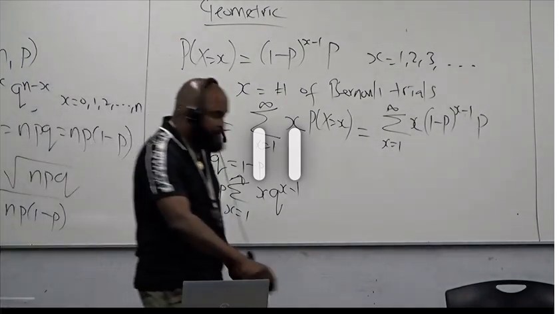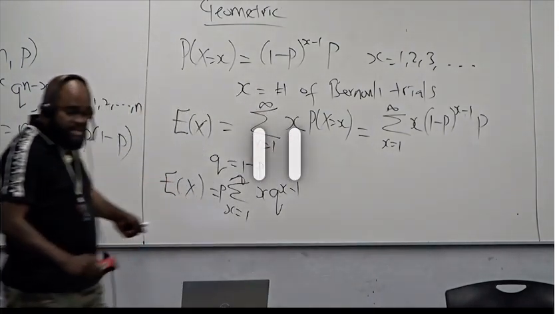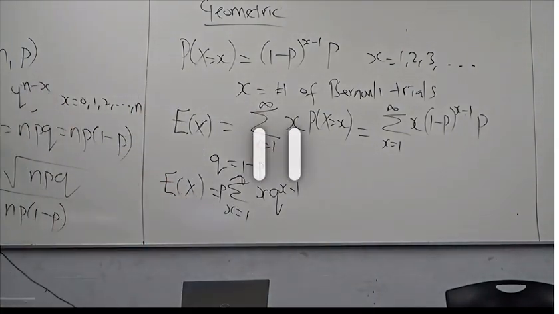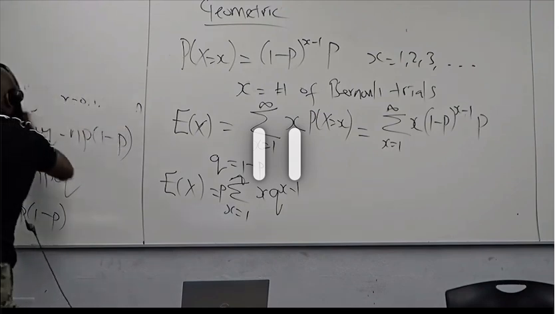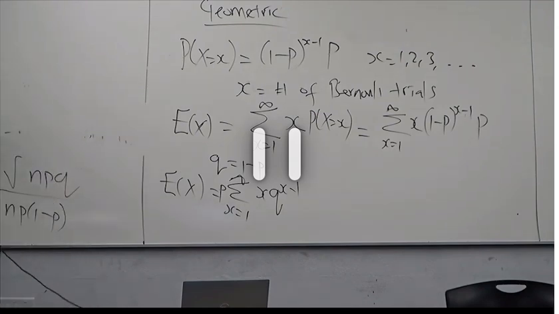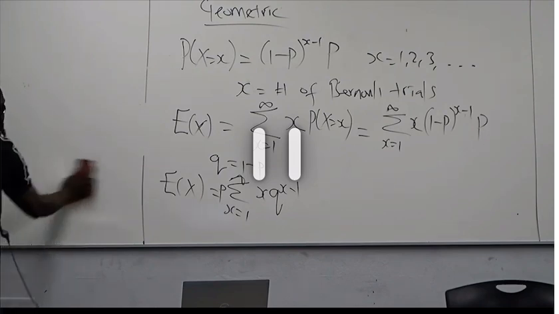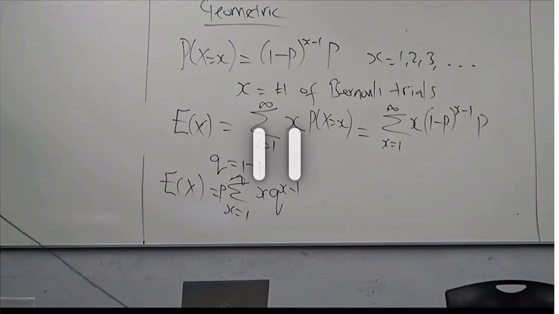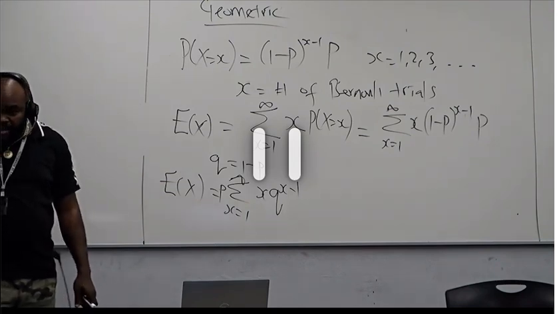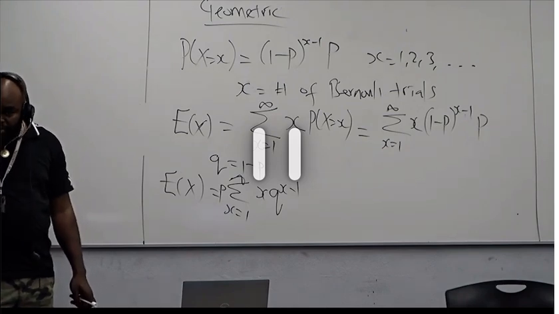Take a look at that. After bringing that outside, please, I need you to pay attention. What am I doing right now? I'm deriving the expectation of the geometric distribution. How many times on average am I going to wait before recording the first success?